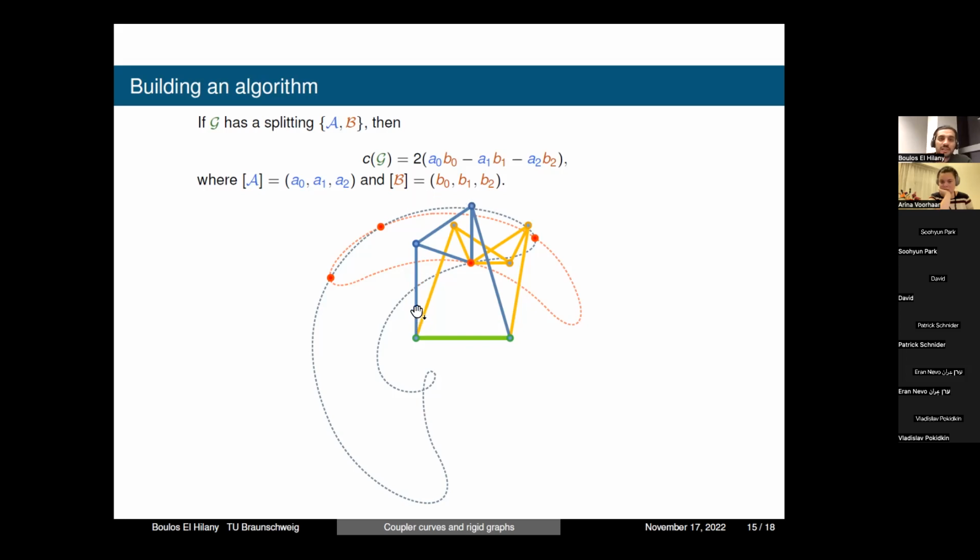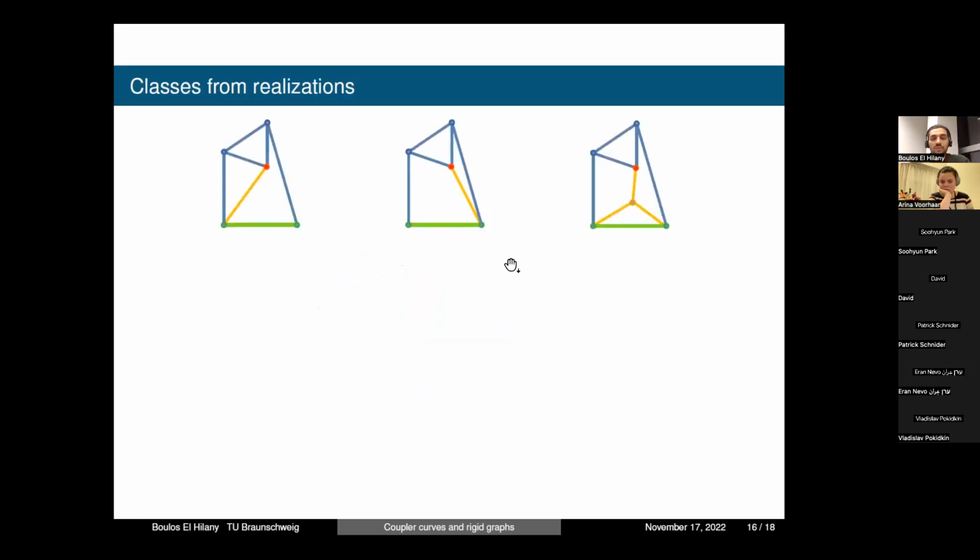Okay, so let's start by computing the class of this calligraph, the blue one. First, I connect it to three other smaller calligraphs. So here's my blue calligraph. I connect it to the yellow one, the L shape, and then the inverted L shape, and then I also connect it to this guy. It turns out that each of those unions is a minimal rigid graph, right?